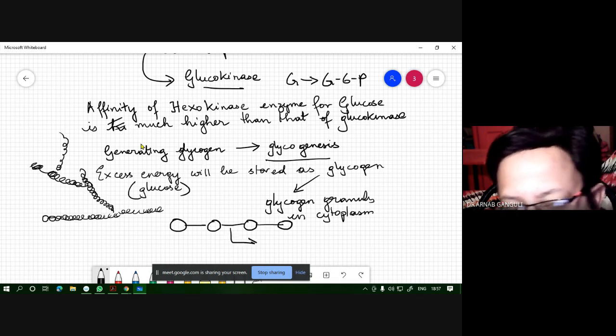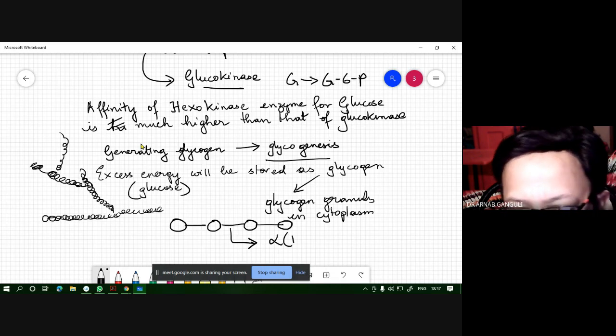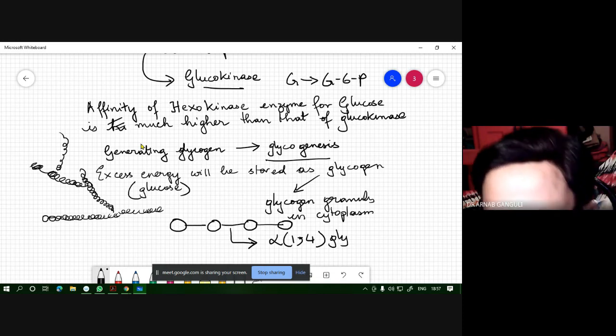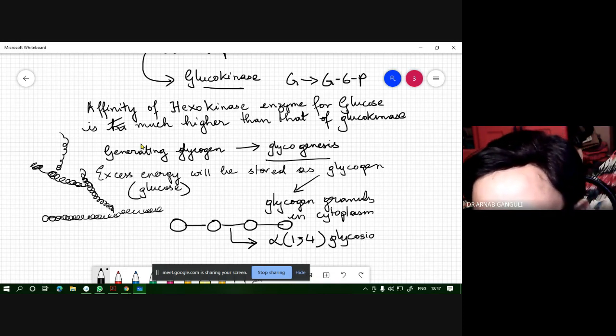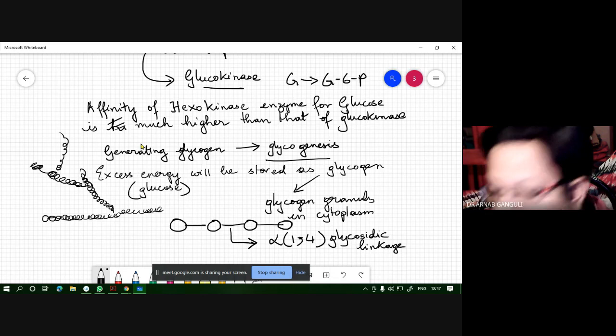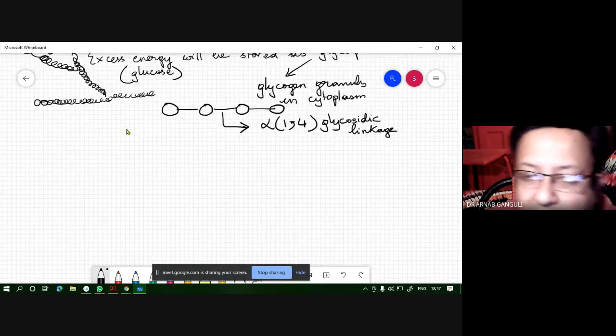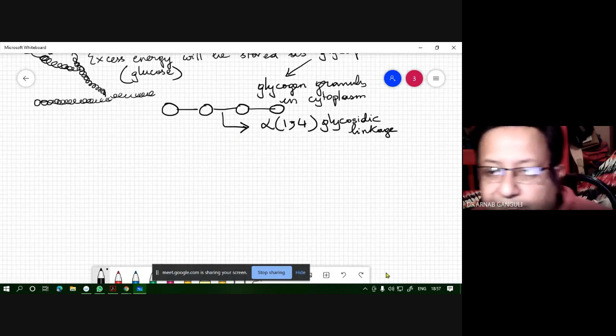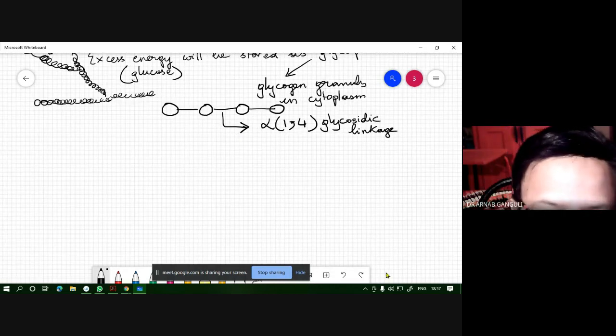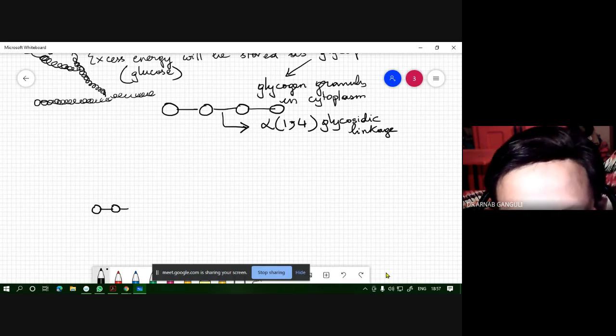This type of linkage is alpha 1 to 4 glycosidic linkage.